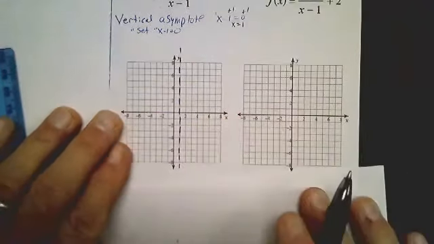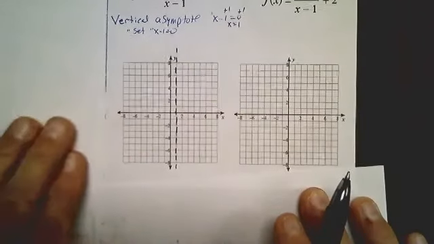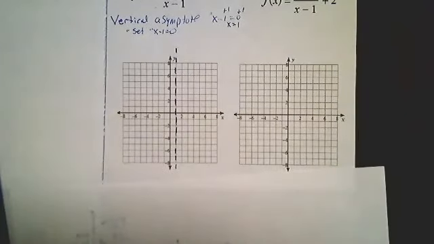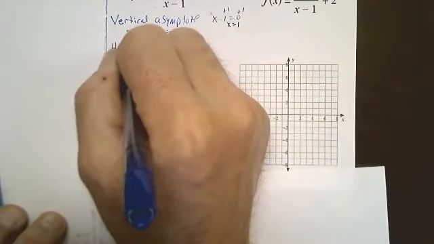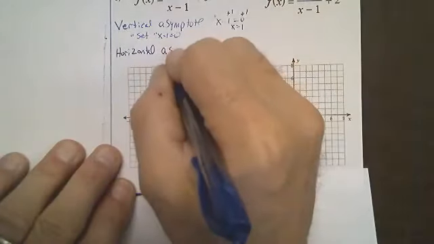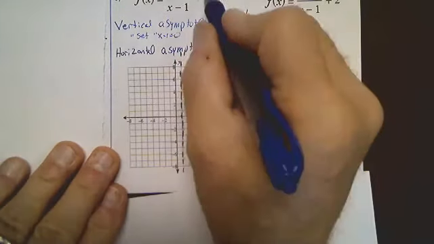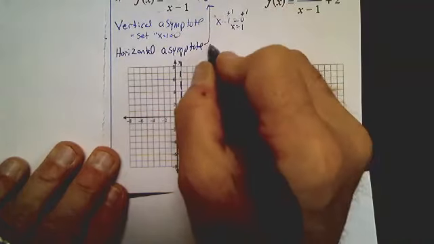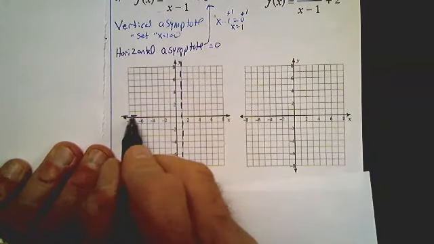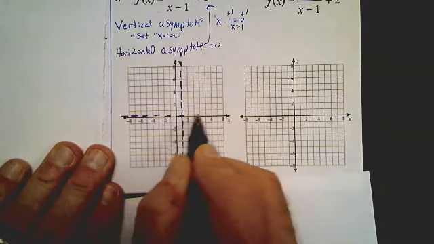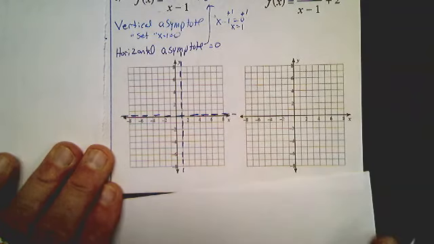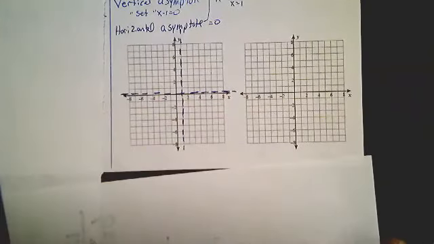That's called a vertical asymptote right there. Horizontal asymptote. Horizontal A-S-Y-M-P-T-O-T-E. Is it 0? So right here. So now we have 4 little cross sections in here. The graph has been shifted 1 unit to the right.